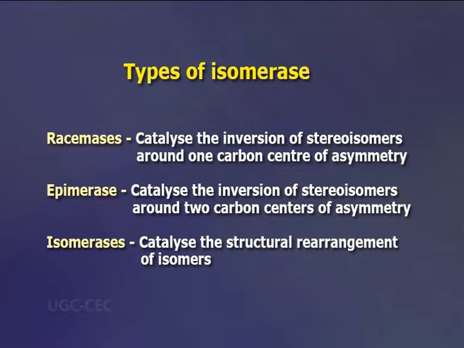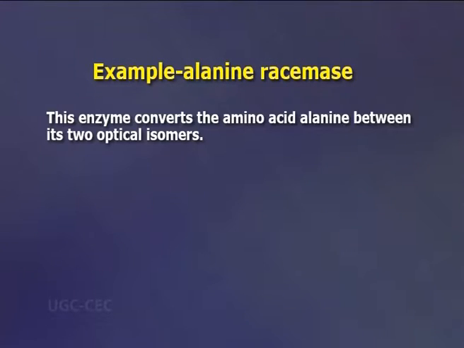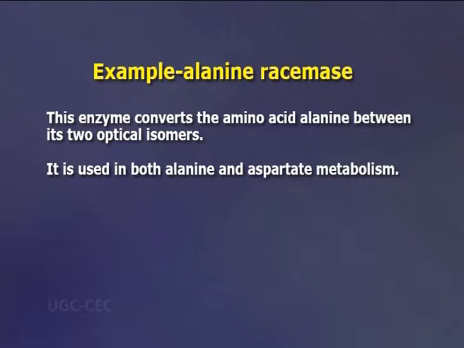Isomerases catalyze the structural rearrangement of isomers. Example, alanine racemase. This enzyme converts the amino acid alanine between its two optical isomers. It is used in both alanine and aspartate metabolism, that is, D-alanine converted to L-alanine.